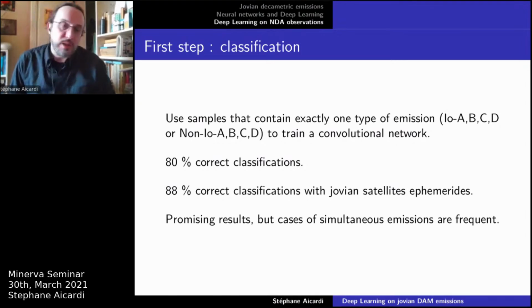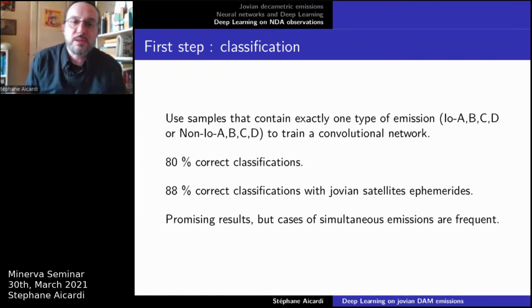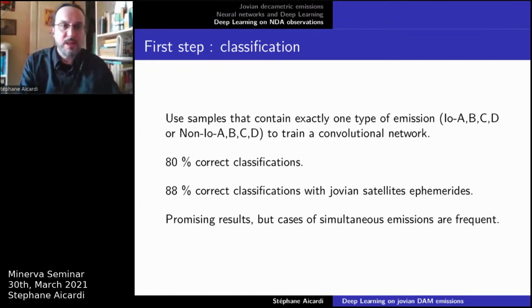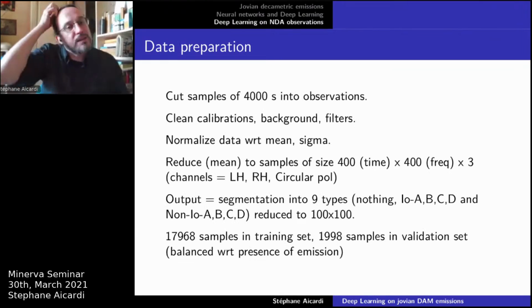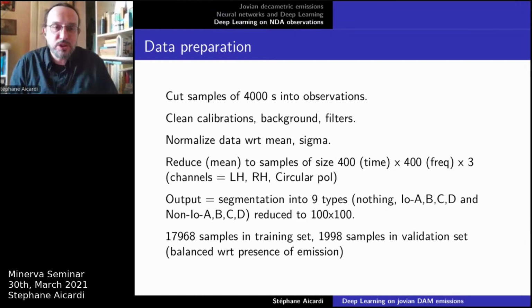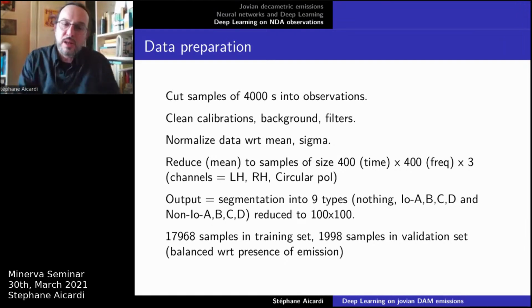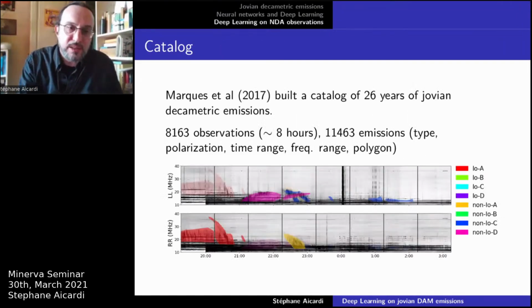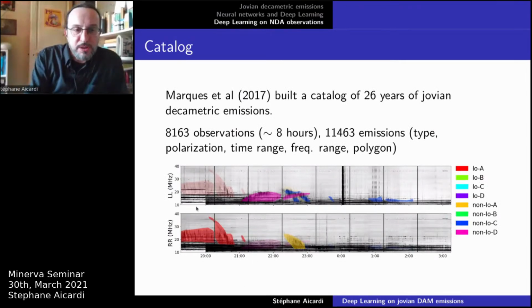And we can't treat simultaneous emission with this kind of network. So I decided to try the segmentation case, which is in fact that I want to reconstruct those polygons from the observation.